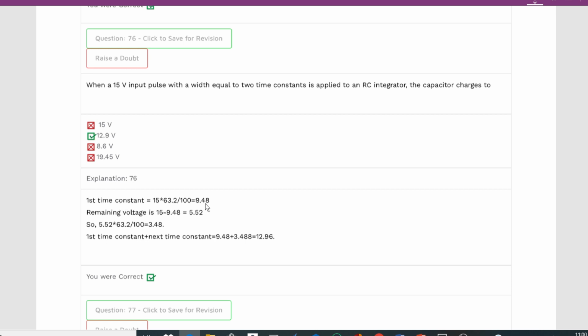So you'll get the first time constant as 9.48 and the remaining voltage is the difference between this 15 volt and 9.48, meaning 5.52. So 5.52 into again 63.2 upon 100 will get 3.48. Now the first time constant plus the next time constant. If you add this 3.48 and this 9.48 we get 12.96. So here the correct option is 12.9.